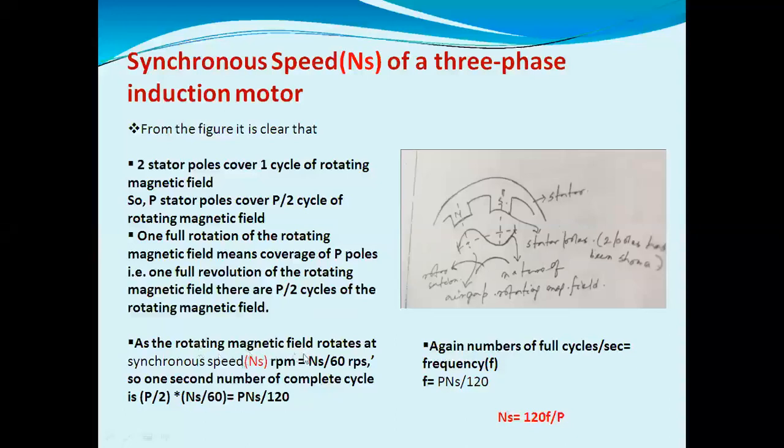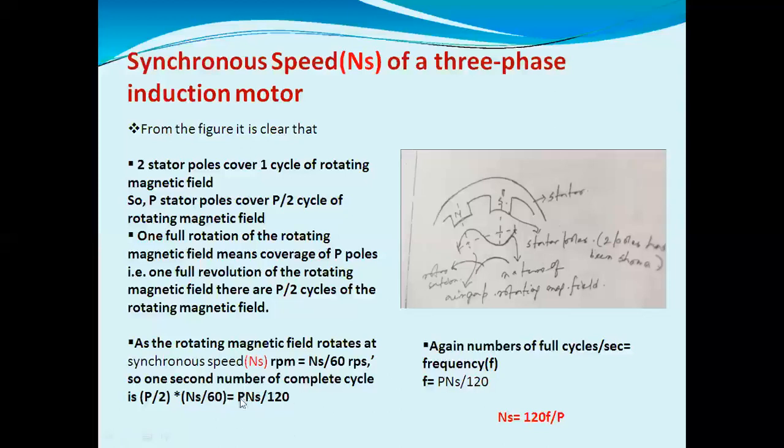As the rotating magnetic field rotates at synchronous speed Ns in rpm, that is Ns by 60 rotations per second, rps. So the number of complete cycles in one second is p by 2 into Ns by 60, that is p Ns by 120. The number of full cycles per second is the frequency.